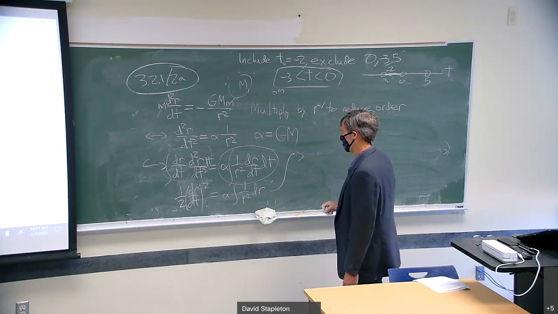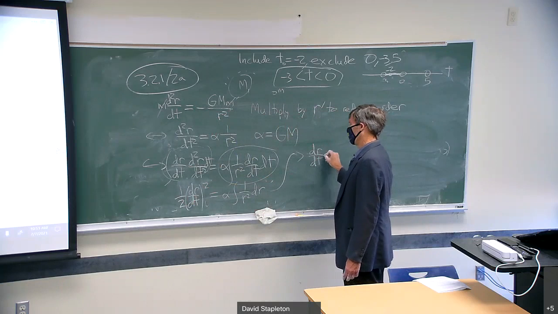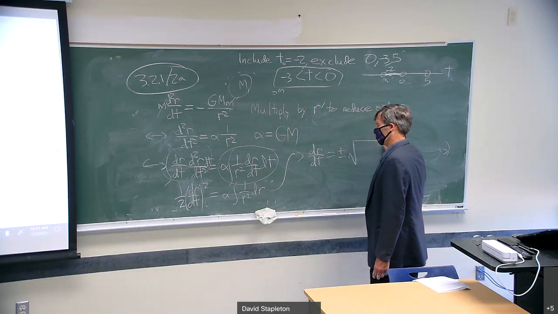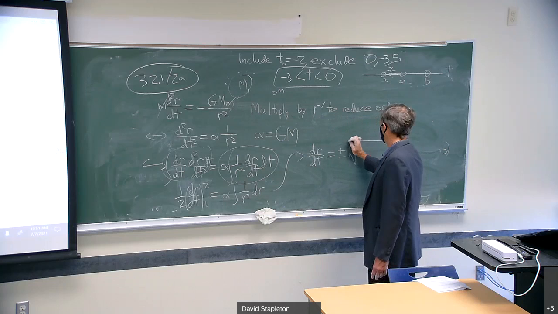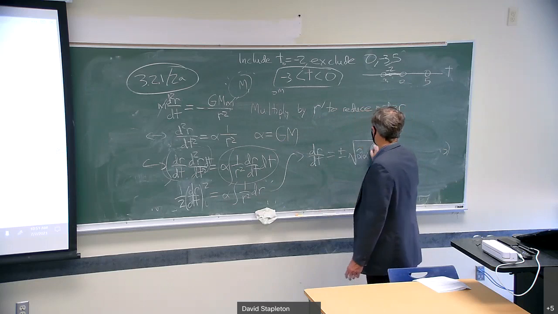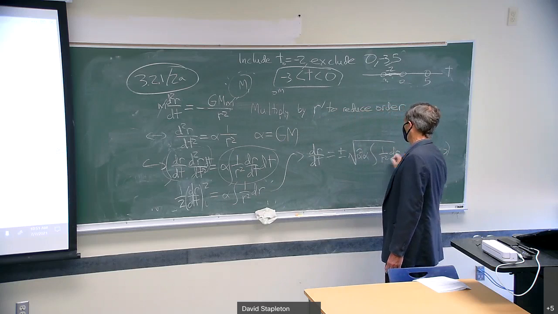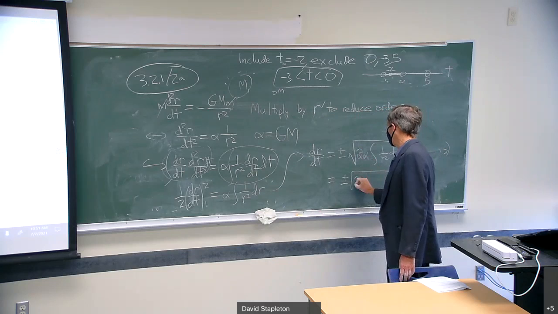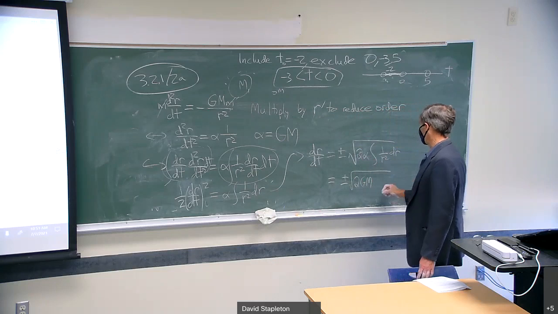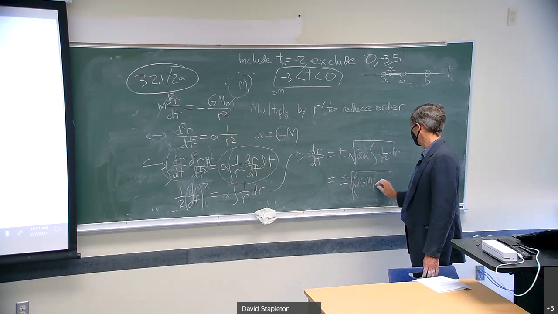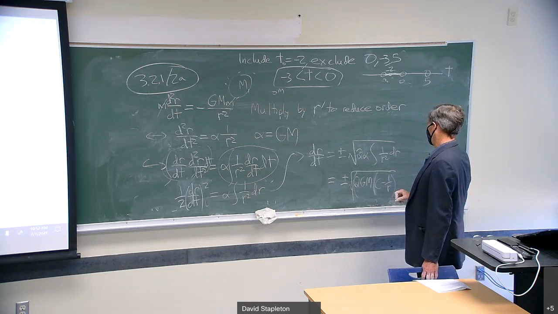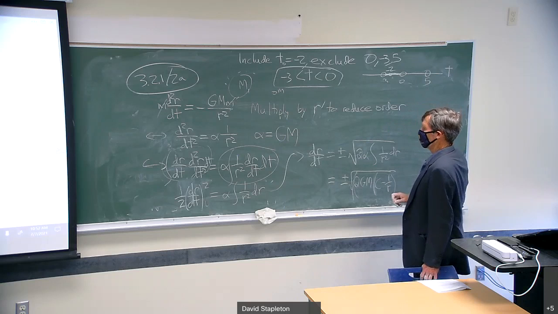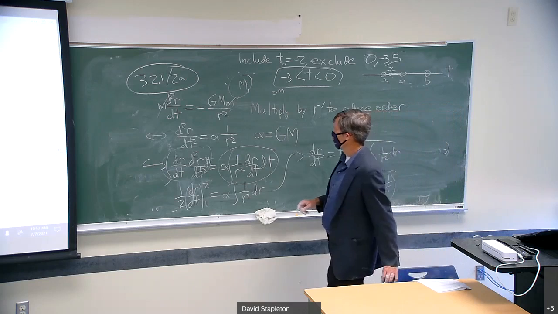So now what you've got is dr dt equals plus or minus the square root of 2 alpha times the integral of 1 over r squared dr, which is plus or minus the square root of 2 GM times the integral of 1 over r squared, which is minus 1 over r plus a constant. Except, I forgot my minus here.